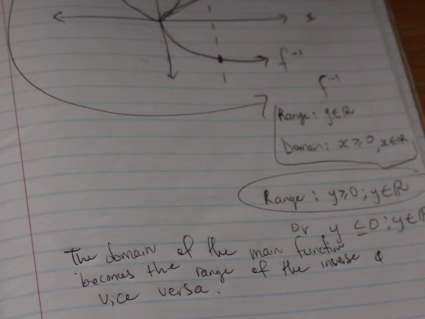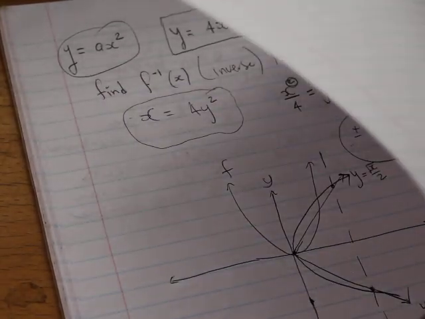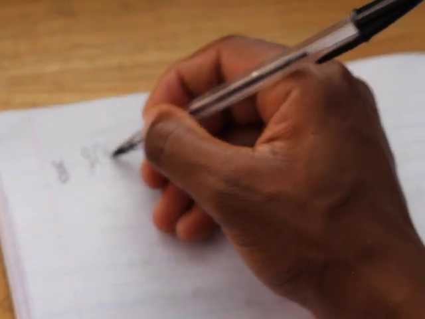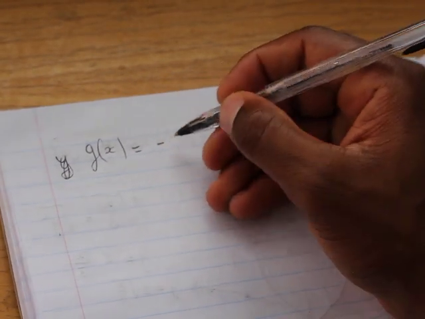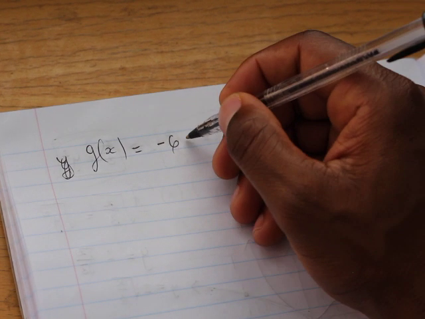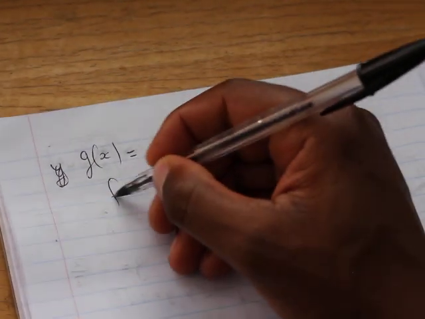We are going to look at a slightly different quadratic function, and this one we're going to rush through because I feel like we've already done too much of this. So let's say we've got g of x is equal to minus 6x squared.